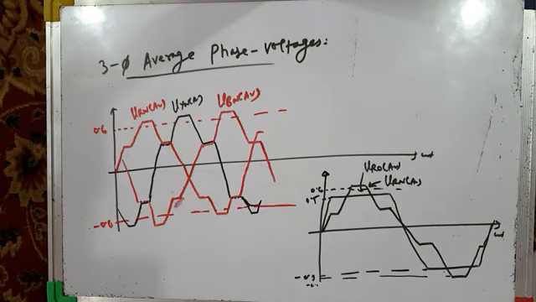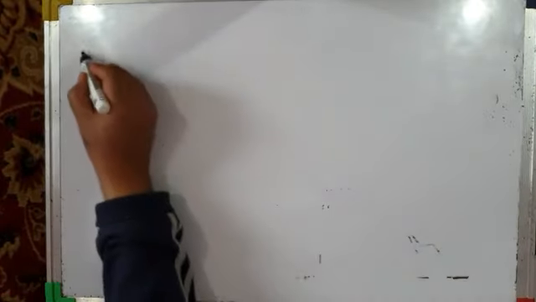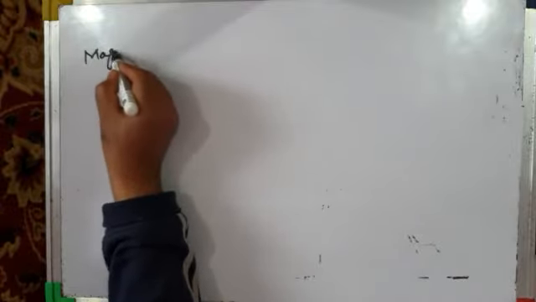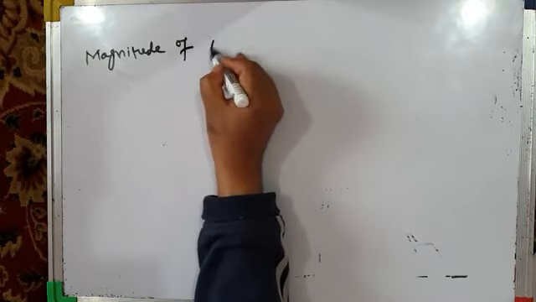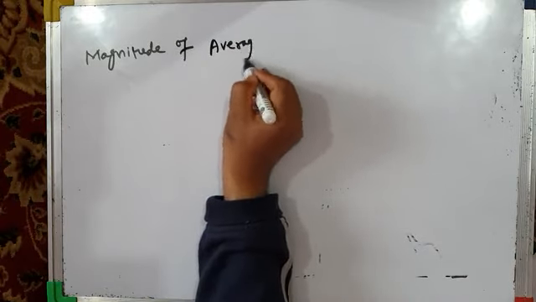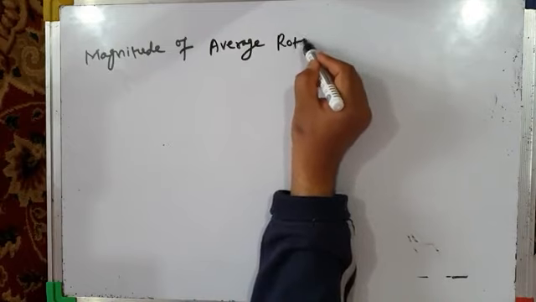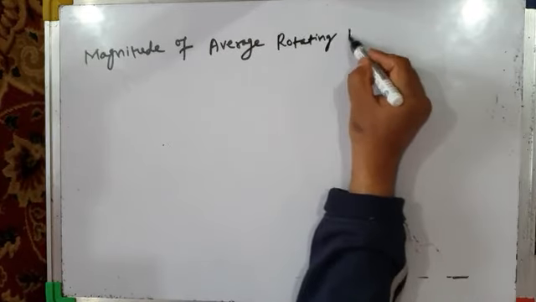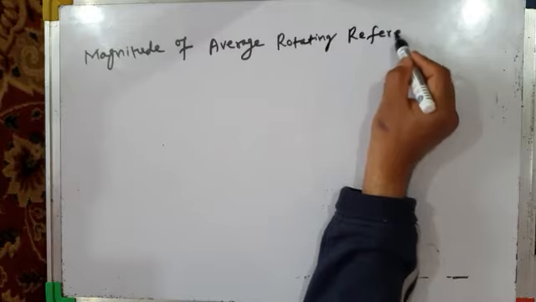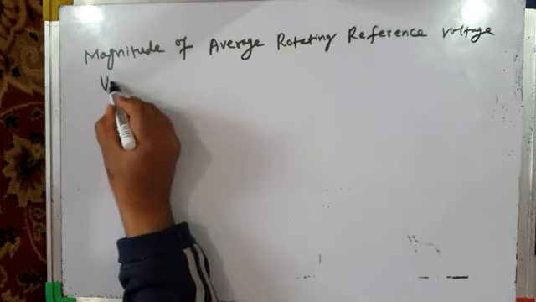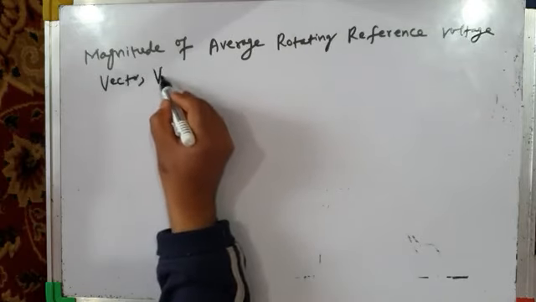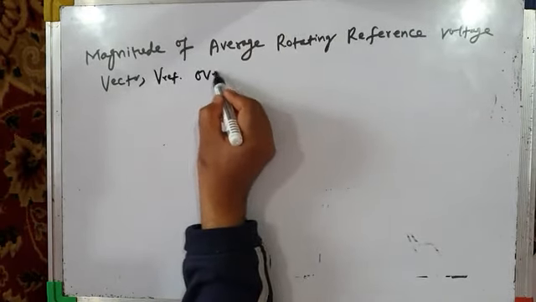Now you can show variation of magnitude of the average rotating reference voltage vector, that is Vref, over a line cycle.